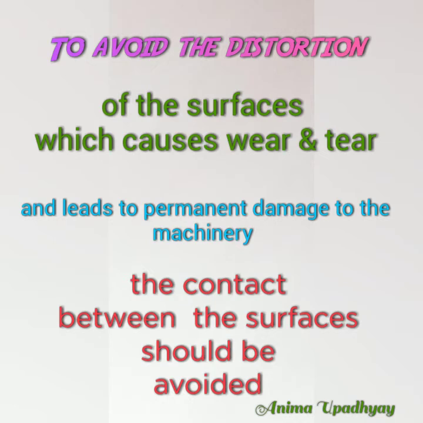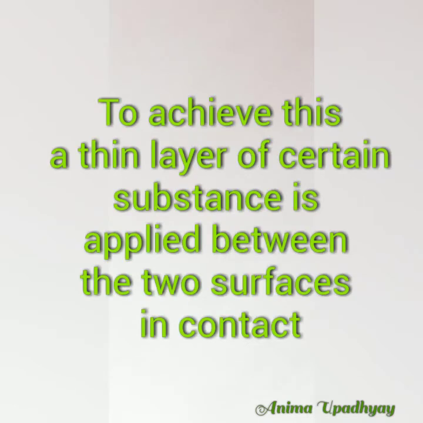To avoid the distortion of the surfaces, which causes wear and tear and leads to permanent damage to the machinery, the contact between the surfaces should be avoided. To achieve this, a thin layer of a certain substance is applied between the two surfaces in contact.